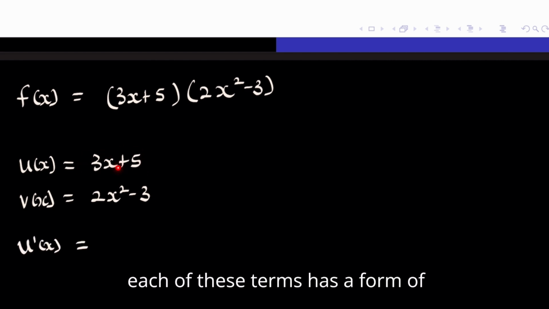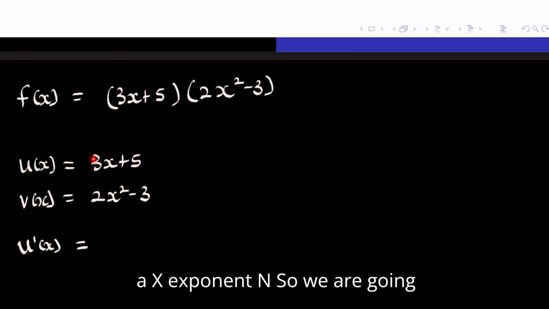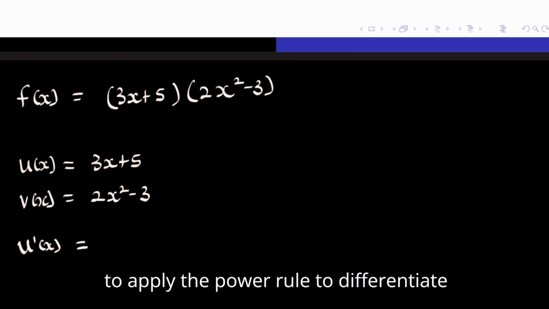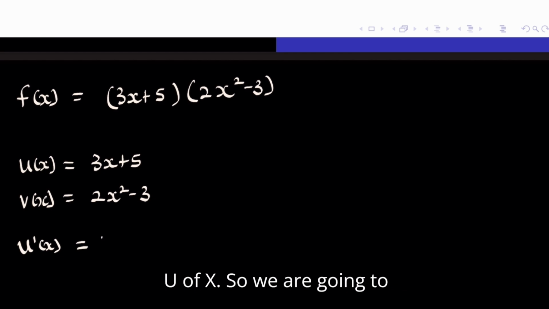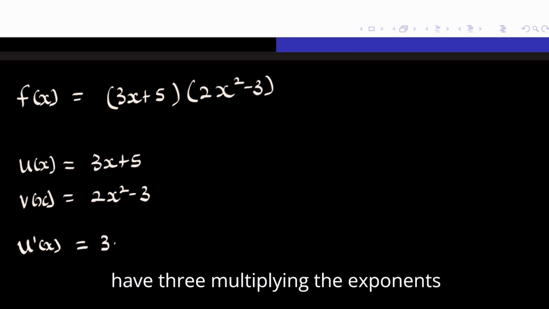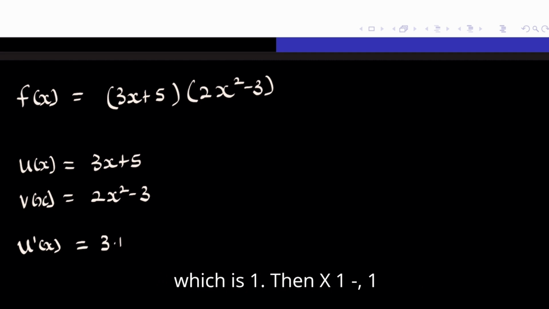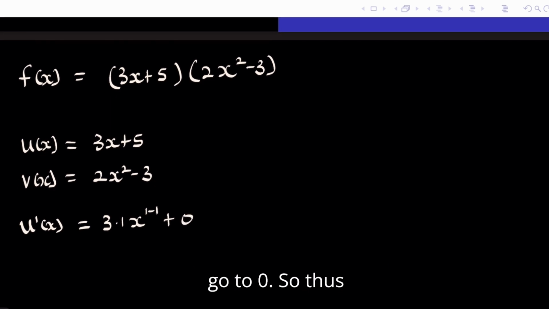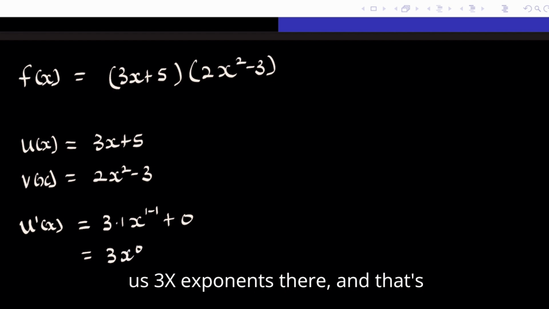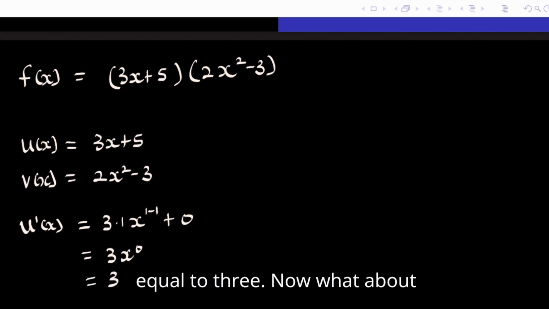Now let's differentiate u of x. Each of these terms has the form of ax exponent n. So we are going to apply the power rule to differentiate u of x. So we are going to have 3 multiplying the exponent, which is 1, then x exponent 1 minus 1, plus 5 is a constant, so it will go to 0. So u prime of x is giving us 3x exponent 0, and that's equal to 3.